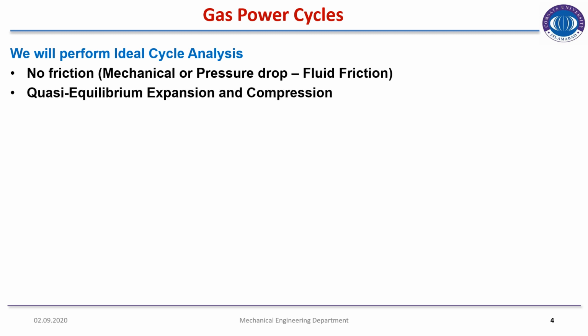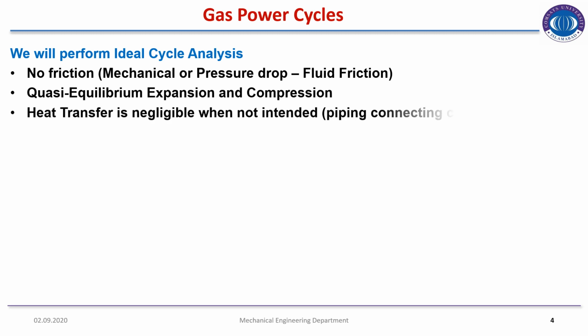For gas power cycles, we will be performing an ideal cycle analysis. Similarly, when we were discussing the Carnot engine, we considered its ideal Carnot state, and in the previous half of the chapter on vapor power cycles, we initially discussed the ideal case, the ideal Rankine cycle, and then the actual Rankine cycle.